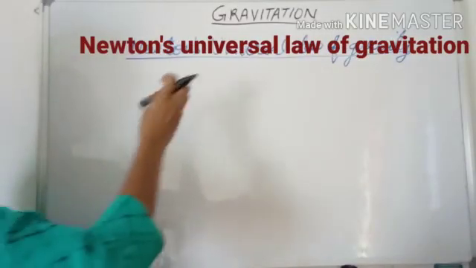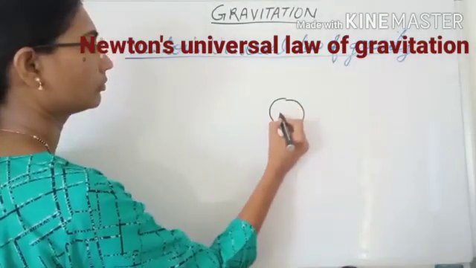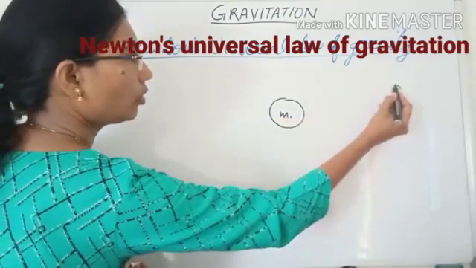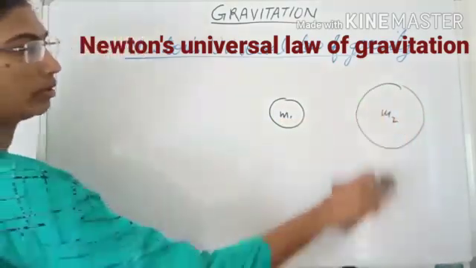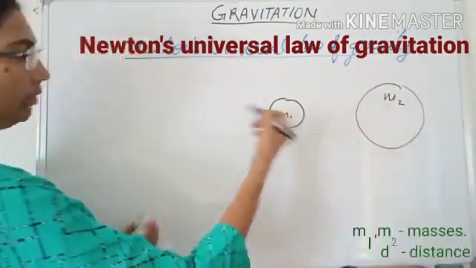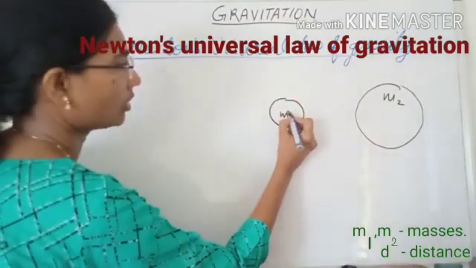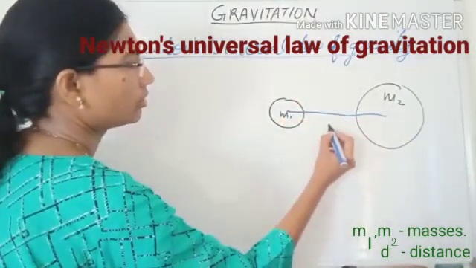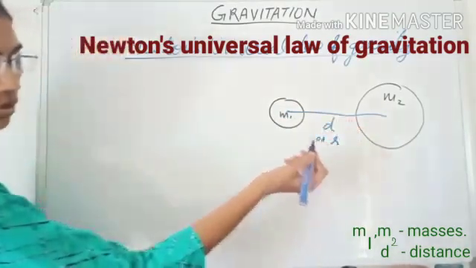Suppose an object is there, and there is one more object whose mass is m2. And the distance between these two objects is d, or sometimes it is mentioned by r also.